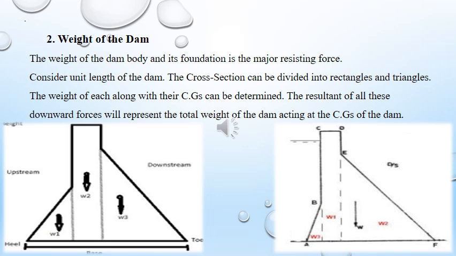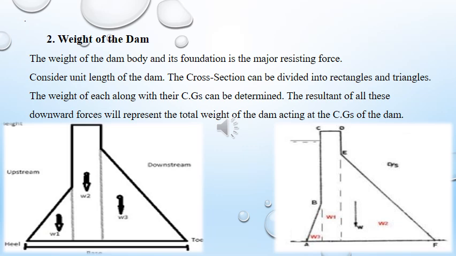level. The cross section of the dam may be divided into several triangles and rectangles, and the weights W1, W2, W3, etc. of each of these may be conveniently computed along with their lines of action. The total weight W of the dam acts at the center of gravity of the section.